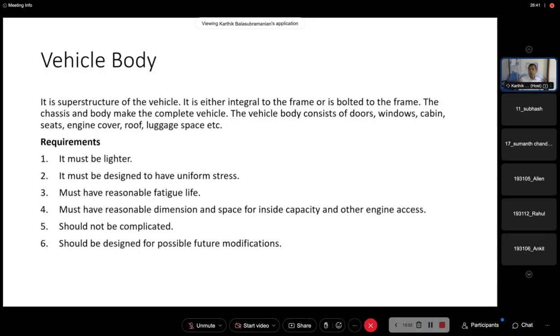So how to solve this? How did people solve this? There was an evolution of the vehicle body. How do you think people would have solved this problem of torsion sharing between the vehicle body and the frame?